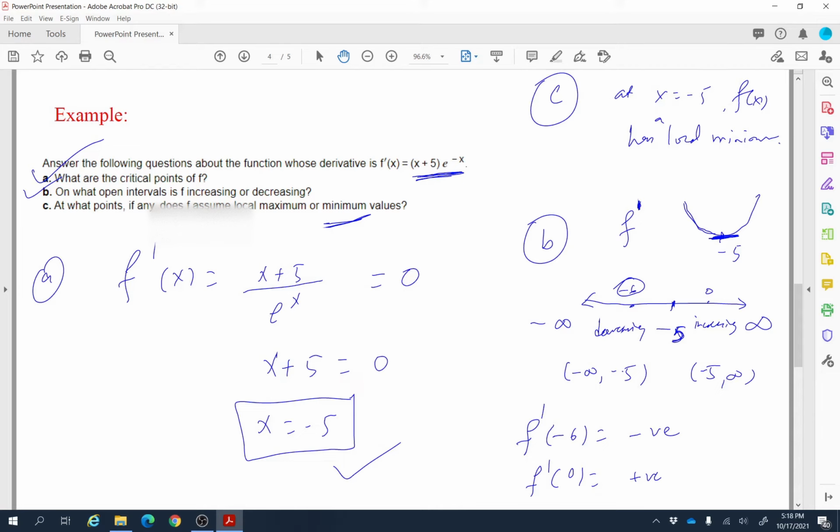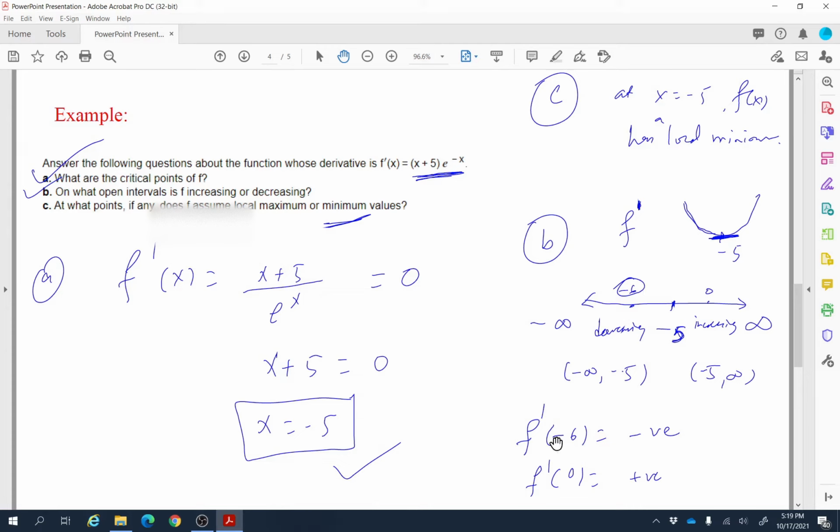Okay, so for finding the local maximum or minimum value, find the derivative and find the points where the derivative is 0 or undefined, and then divide the number line by using those critical points into different intervals, and check the derivative on those different intervals by picking some testing points.